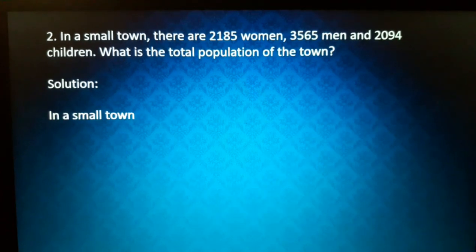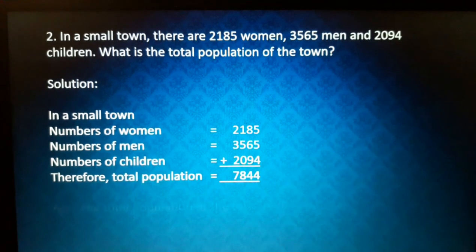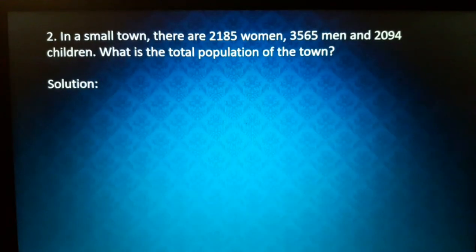Number 2. In a small town, we are talking about a small town. In question number 2, we are talking about a small town. Try to understand the question.